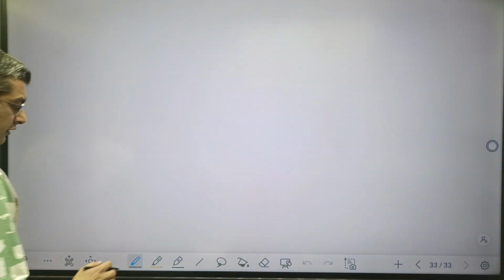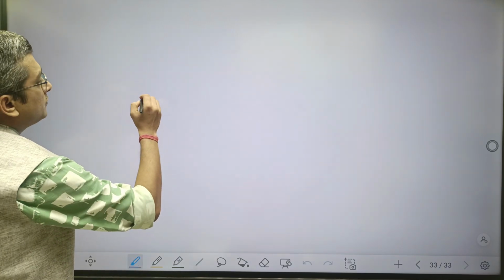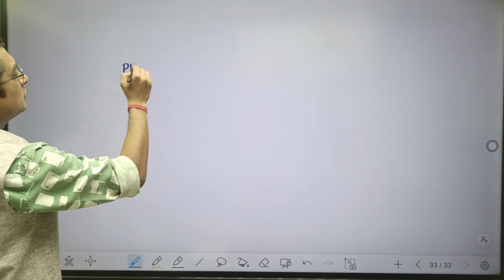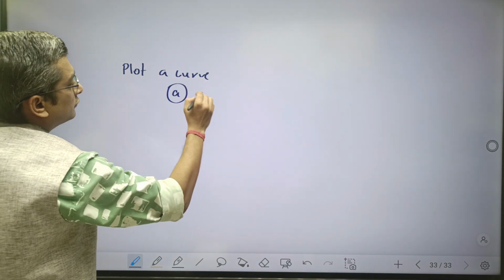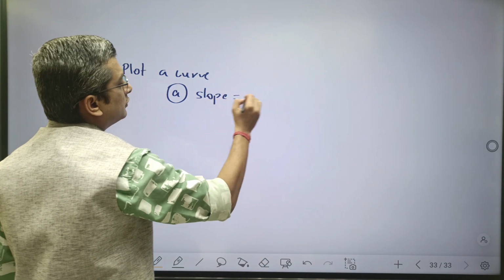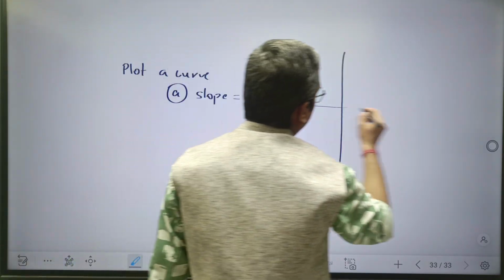Now let us understand the negative slope, positive slope, and zero slope. So plot a curve showing zero slope. So what is zero slope being represented by?